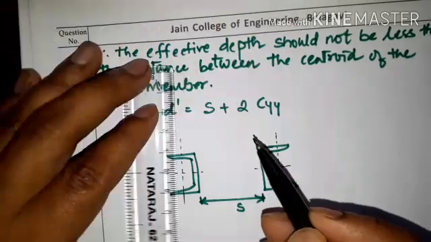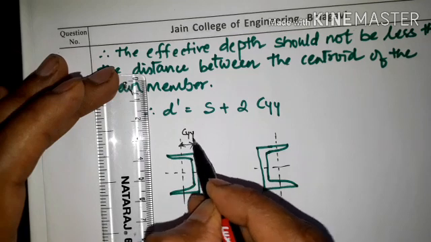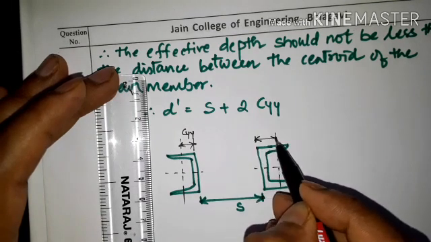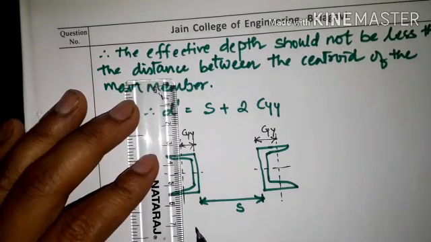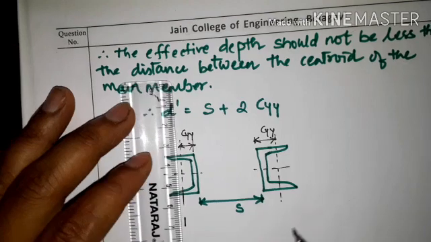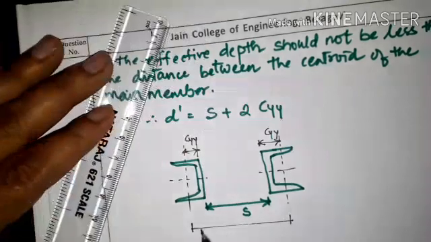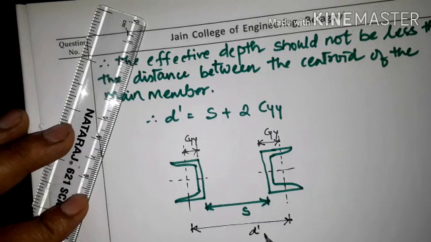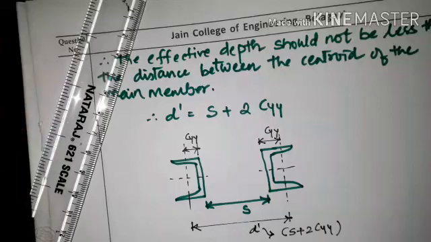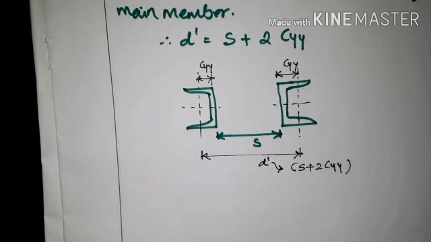This distance is nothing but Cyy, and this will also be Cyy. So the total d dash, from here to here, is S plus 2 times Cyy. Understood?